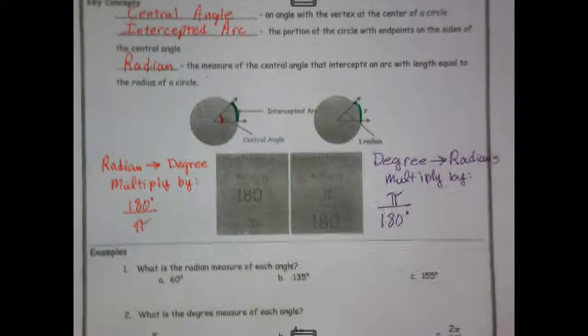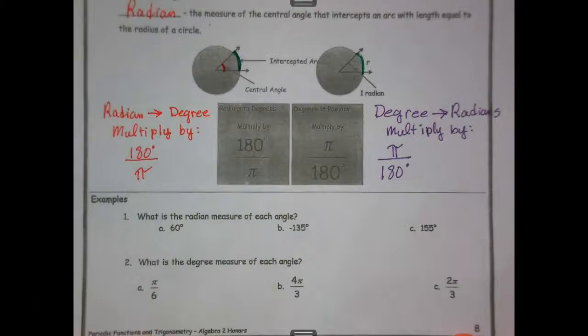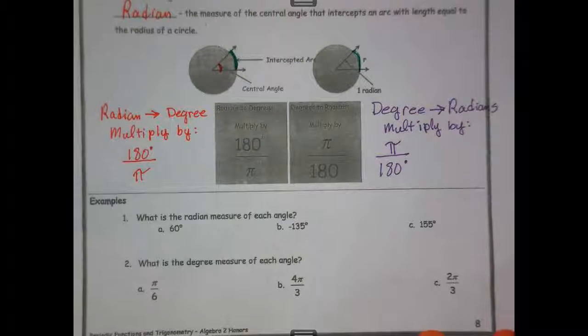It's an irrational number. So we're going to do some conversions. You can leave it in terms of pi because we are not going to approximate, so we're going to actually use the pi symbol.